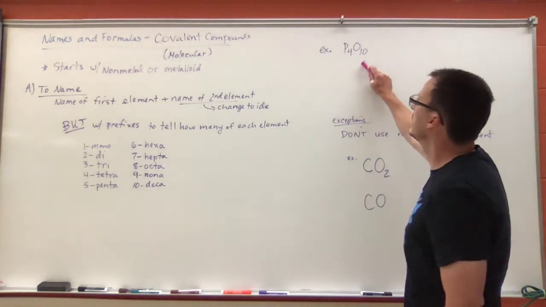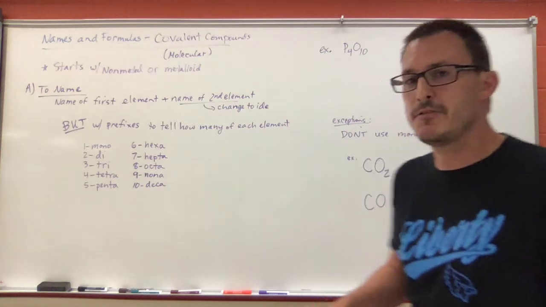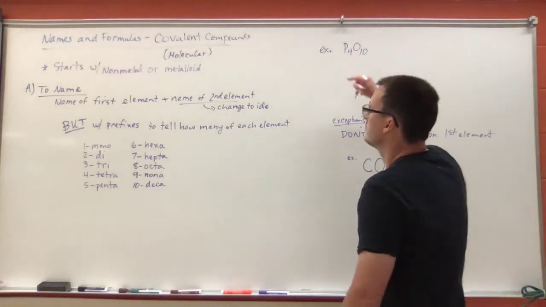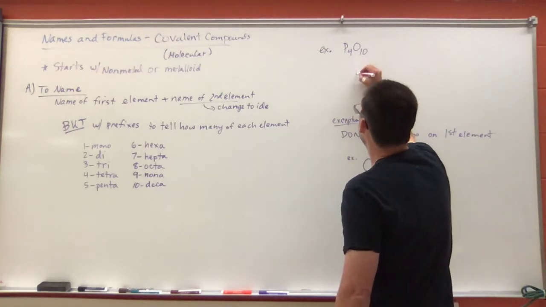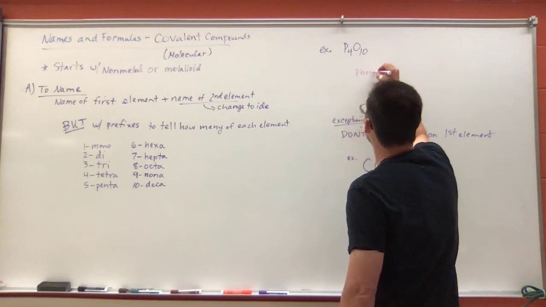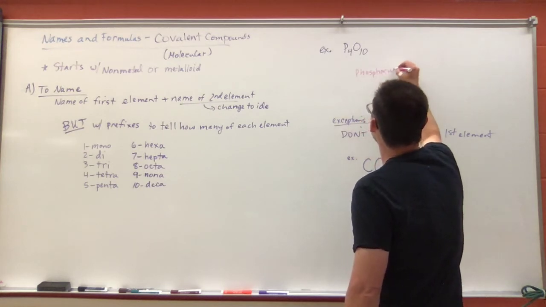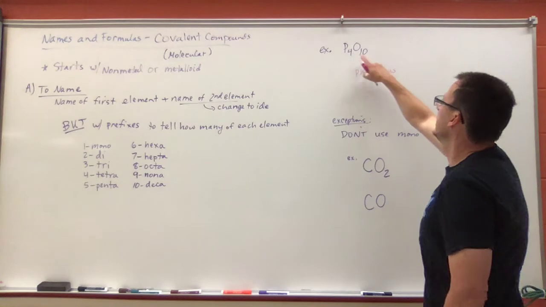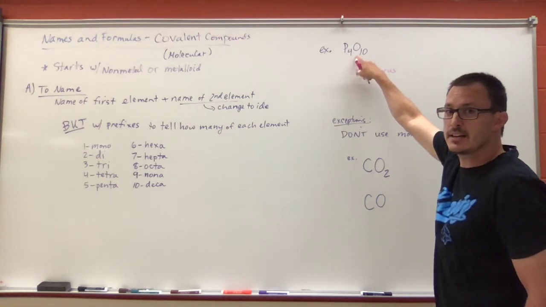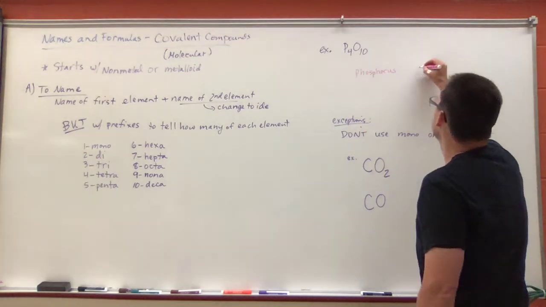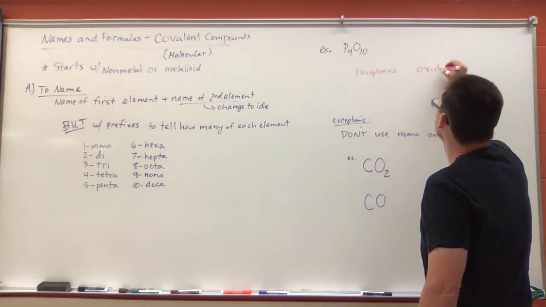So let me just go through one example with you. It's pretty easy. P4O10, you should know the name of P is phosphorus, right? Phosphorus. And then oxygen is the second element, but you're going to change the ending to "ide," right?